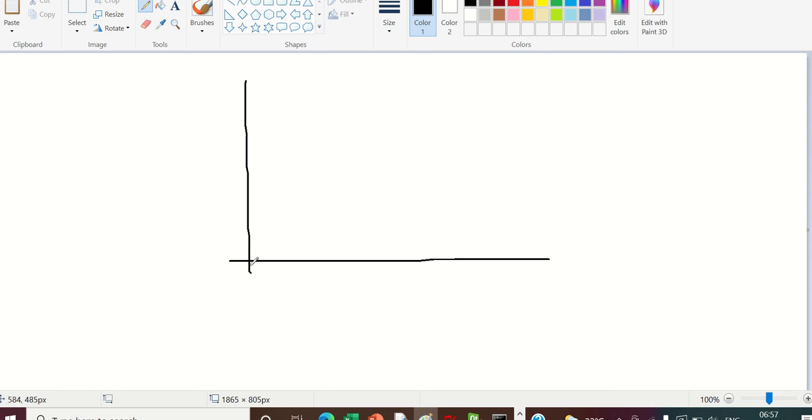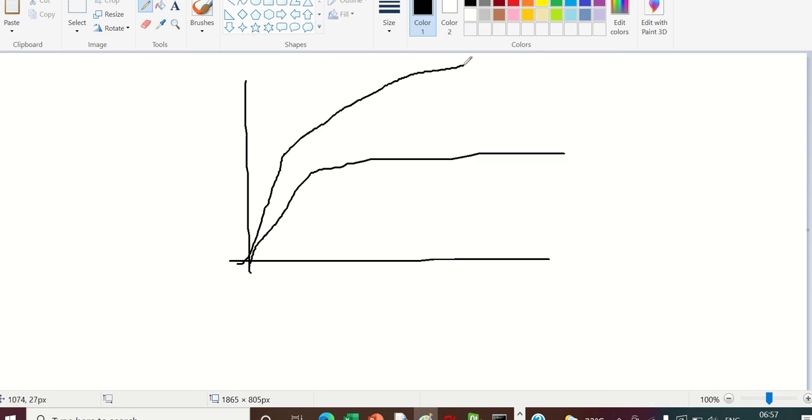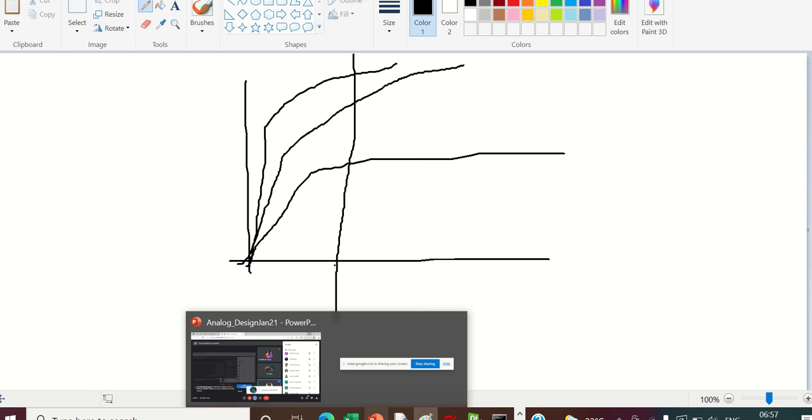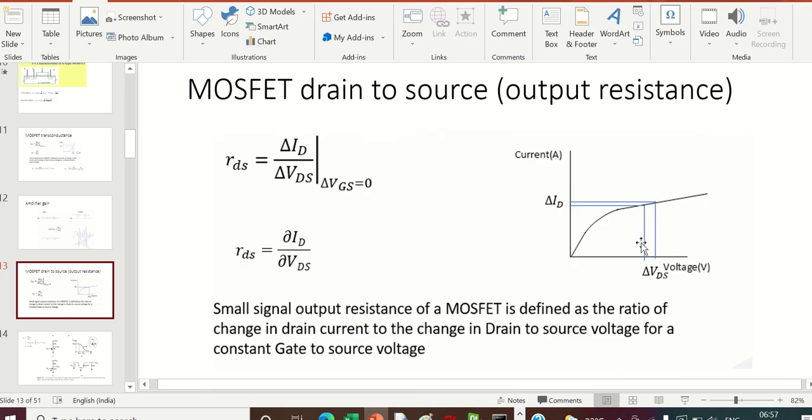If I have this behavior and this behavior, I take 2 points. I'll take 1 point here, 1 point here. The first point is here. Second point, this depends on whether this is almost straight.